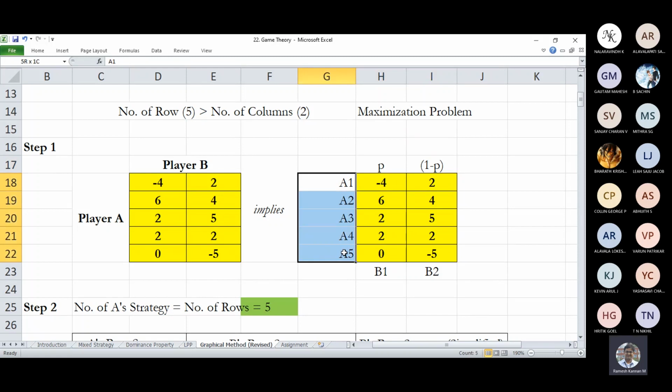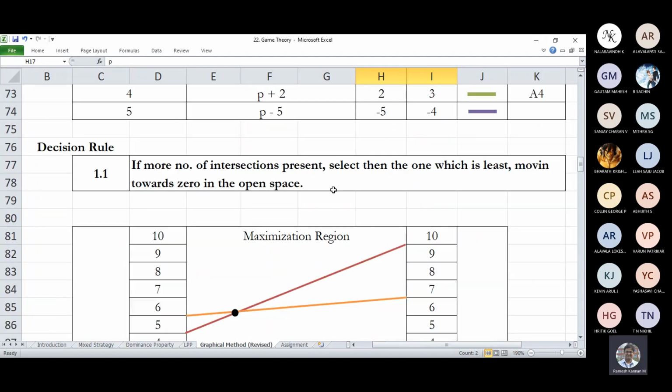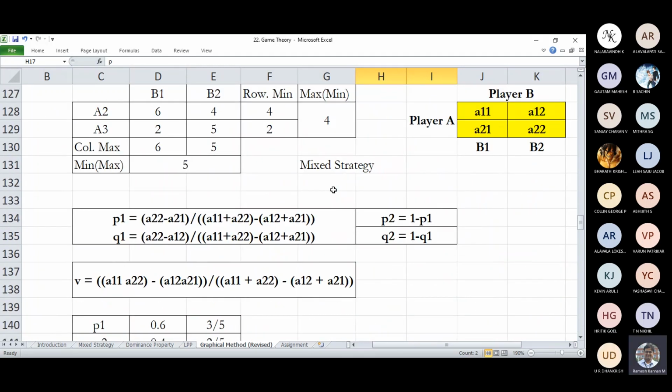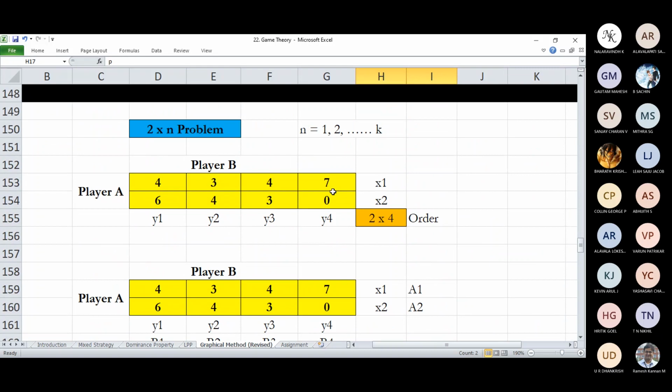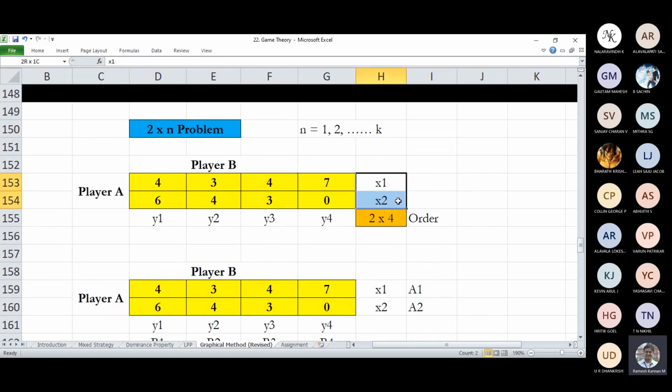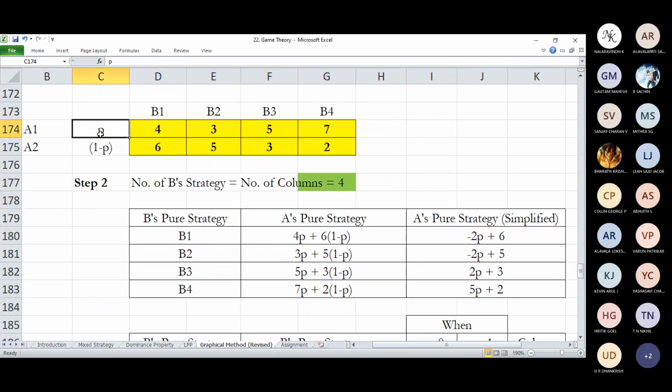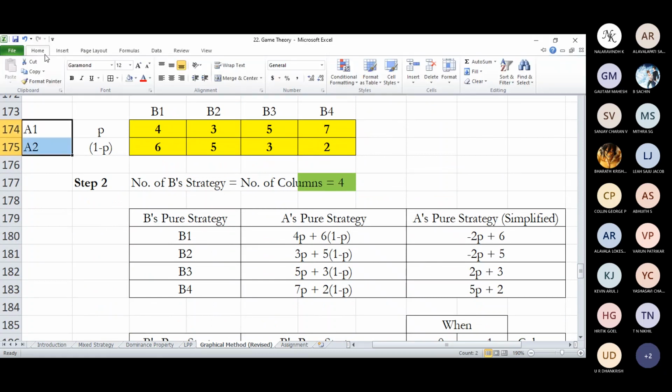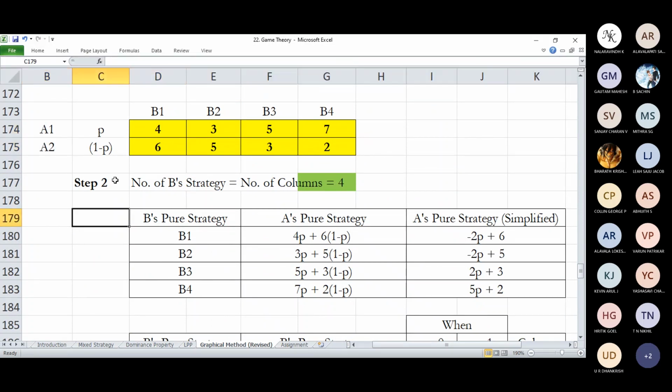In the 2 cross n problem, where the rows are fewer than the columns, the rows A1 and A2 get the labels P and 1 minus P. That's the important thing you should know.